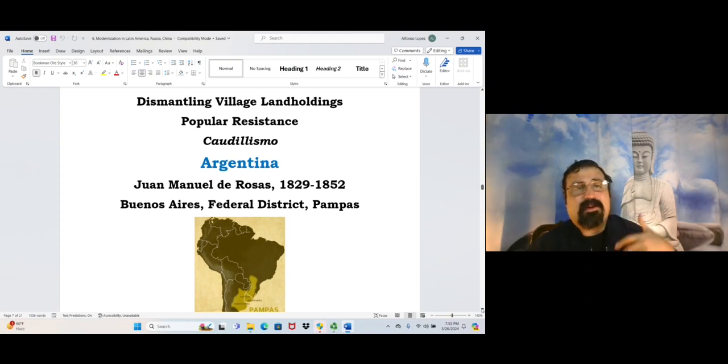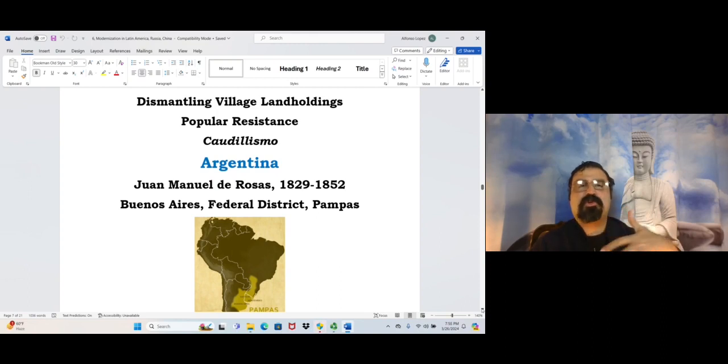However, despite the fact that they're able to push some of those reforms forward, they're going to encounter significant resistance. Okay, significant, I should say, popular resistance. The indigenous populations and the lower classes are going to be up in arms against the liberals. And here we see a phenomenon taking place known as caudillismo.